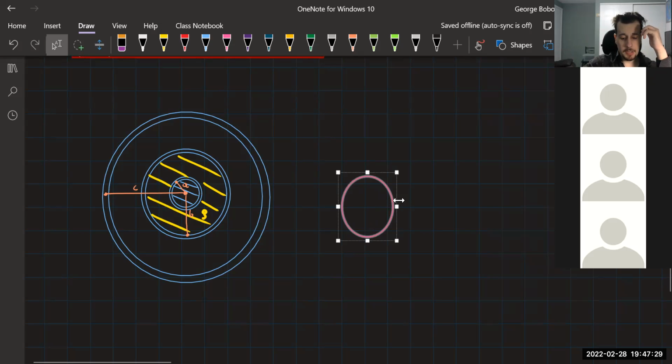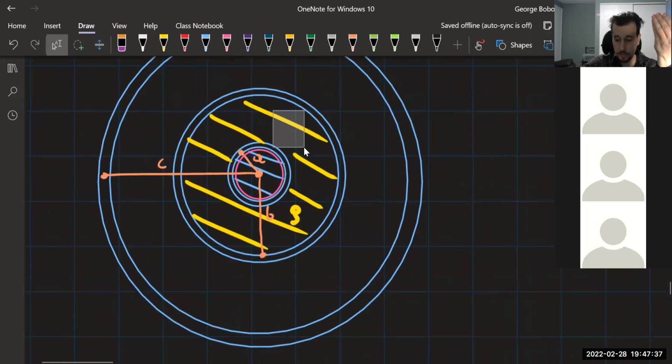So I need to start again from the very inside. Now, you might be thinking, George, there's charge here and it's touching this inner conductor. Shouldn't it be spreading onto it right now? Well, the answer is no. And the reason is, again, because that's not the largest surface area.